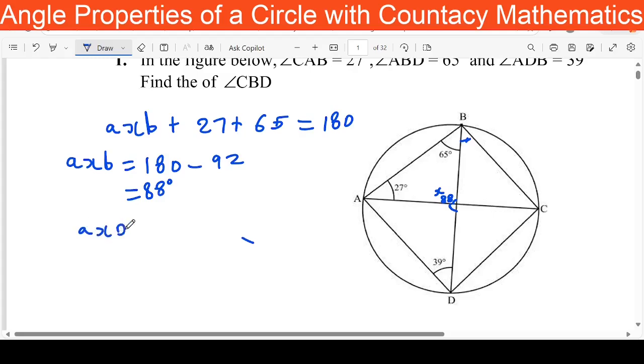AXD is found by taking 180, which is the total degrees in a straight line, and then we minus the value of this angle that we have here, which is 88. 180 minus 88 is supposed to give you 92.